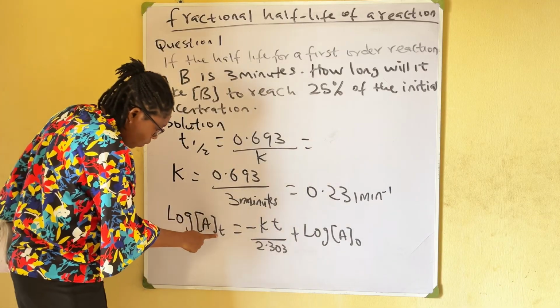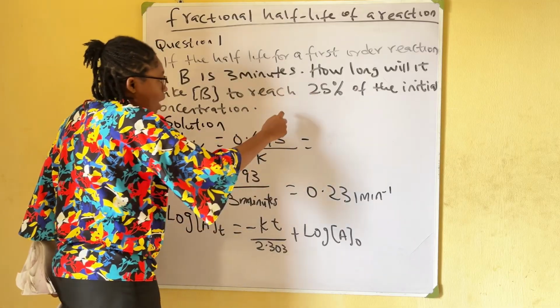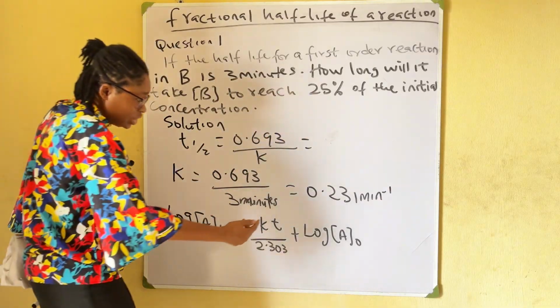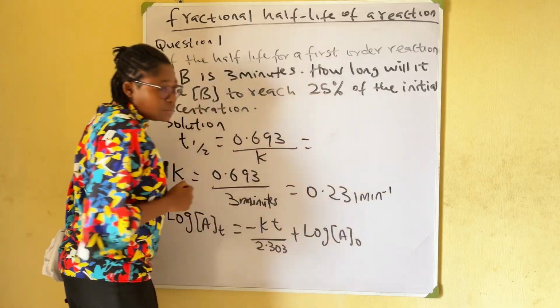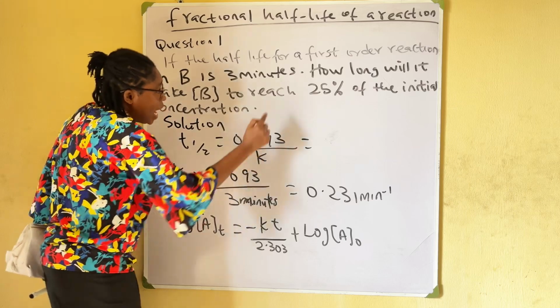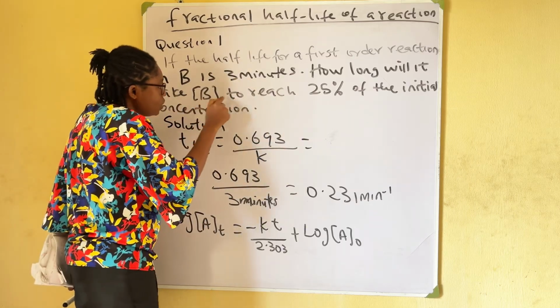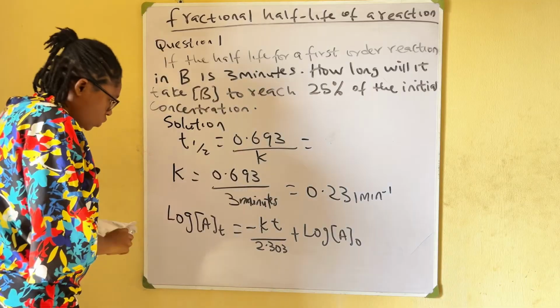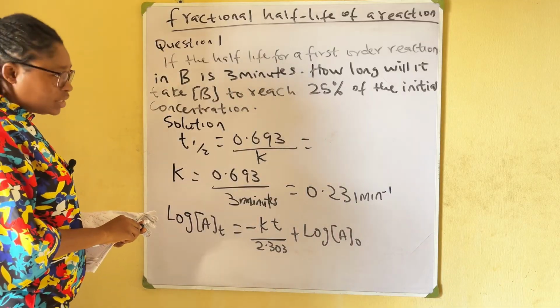The original one is what? 100%, which is the initial concentration. So how long will it take the concentration of B to reach 25%?